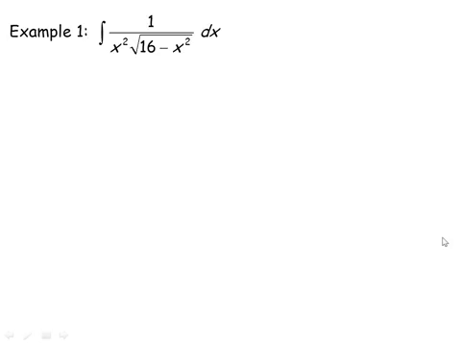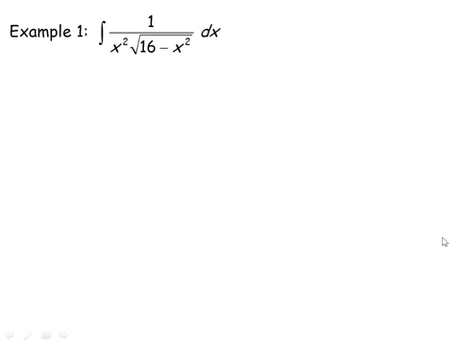This would be something like 1 over u squared times the square root of 16 minus u squared. If we were doing chapter 8, it would be 1 over u squared times the square root of a squared minus u squared. Do you see that anywhere on your chapter 8 corner page? 1 over u squared times the square root of 16 minus u squared.